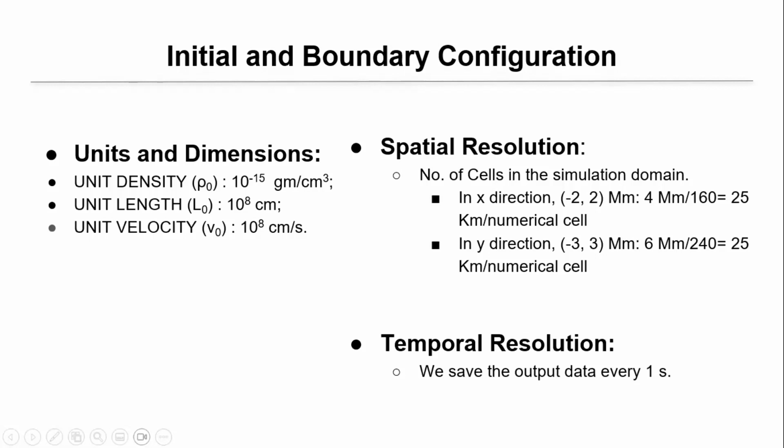And in the Y direction, -3 to 3, which is a 6 megameter distance. To get 25 kilometers per numerical cell, we calculated the resolution as 160 by 240. This is the grid resolution for the simulation domain.